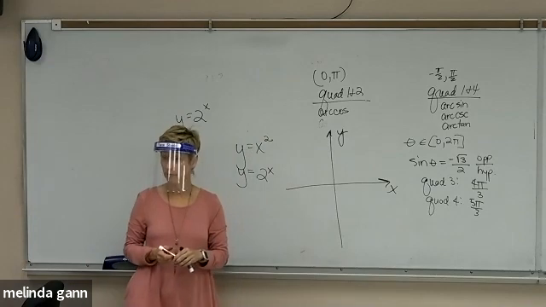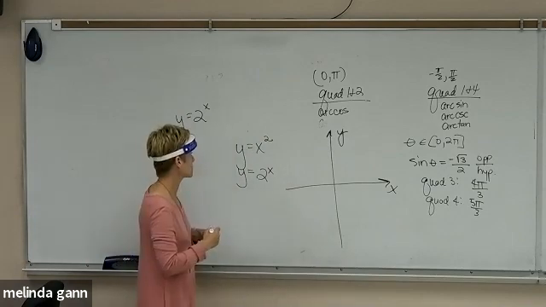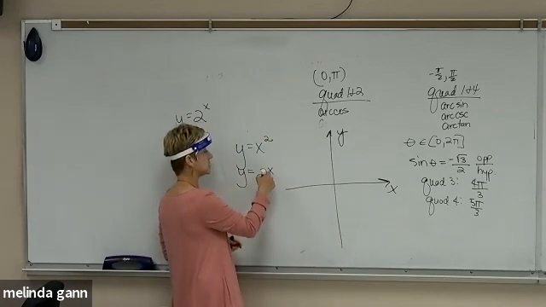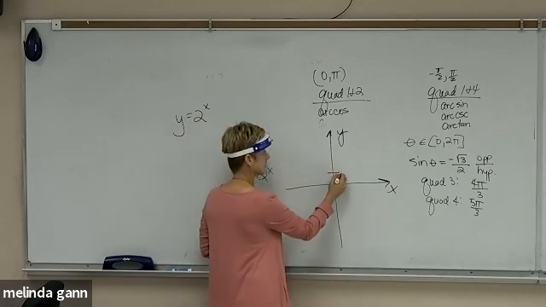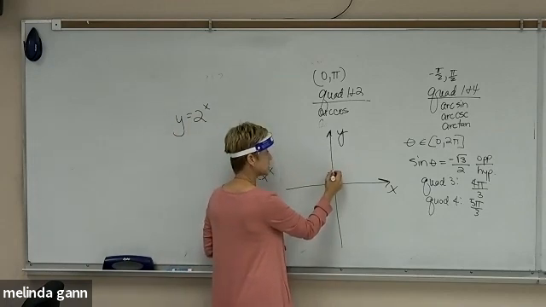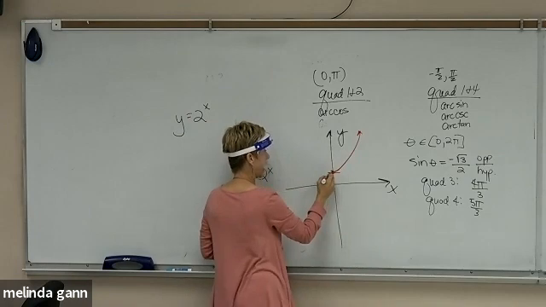Got it? What's 2 to the 0? The same thing as 1, right? So does your graph look like that on your graph?